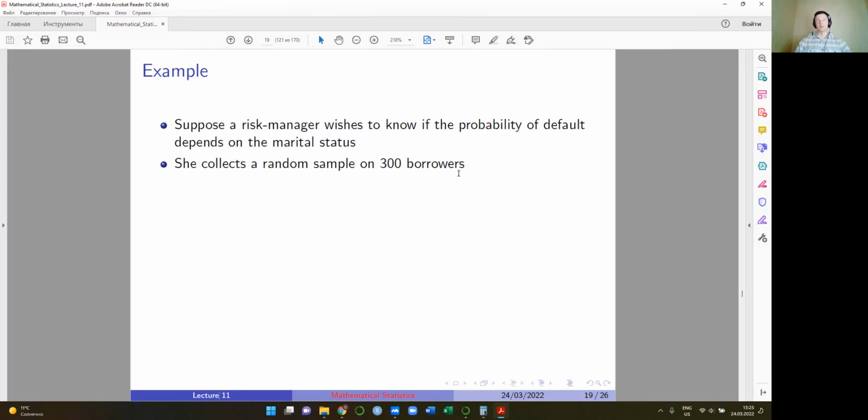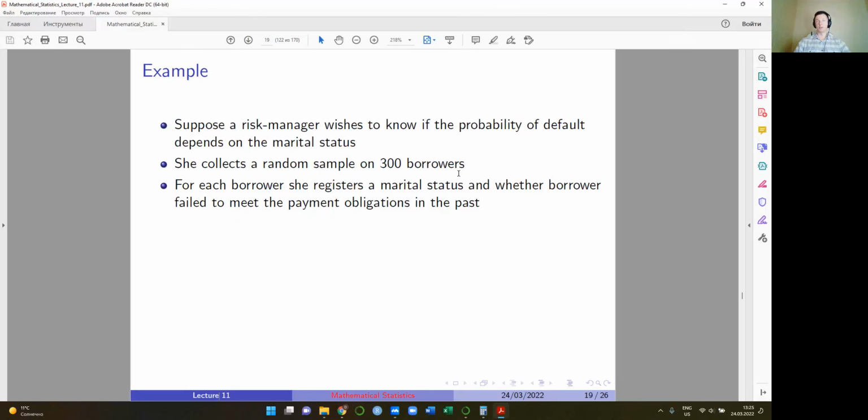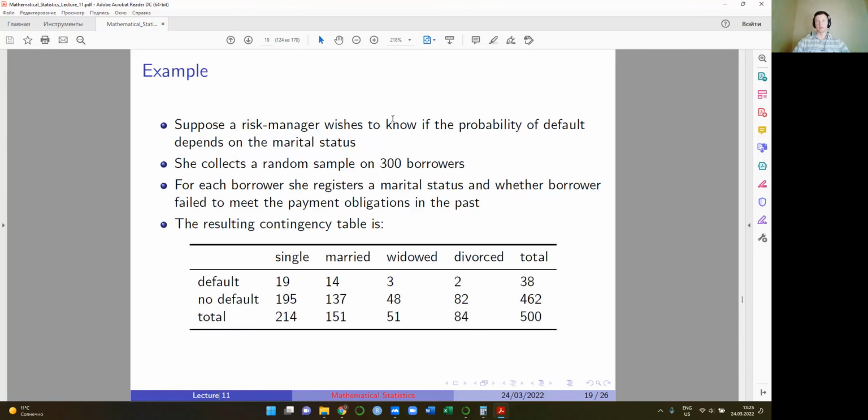She collects a sample of 300 borrowers, and for each borrower, she registers a marital status and whether the borrower failed to meet the payment obligations in the past. So basically defaulted or not defaulted. And the resulting contingency table is here. Yes, there is a typo, it's 500 borrowers, not 300, sorry, it's 500.